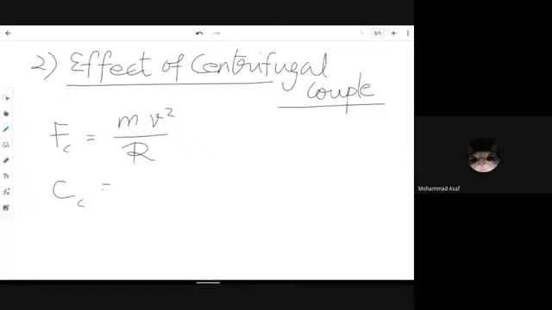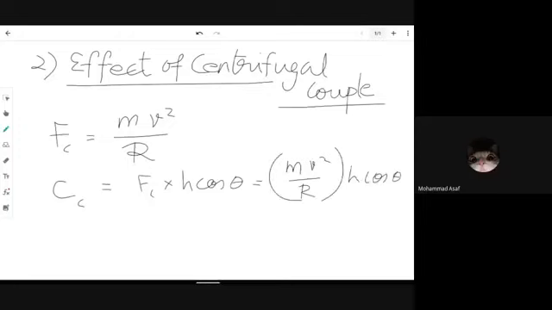Let it be CC. So CC should be Fc into h cos theta. ഇവിടെ Fc എന്ന് പറഞ്ഞാൽ എന്താണ്? mv squared by R multiplied by h cos theta, where Fc is the centrifugal force, which is mv squared by R.